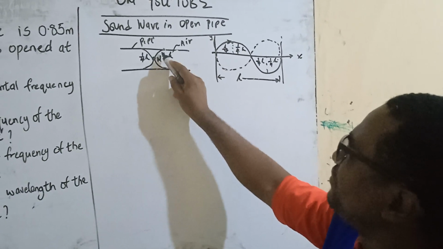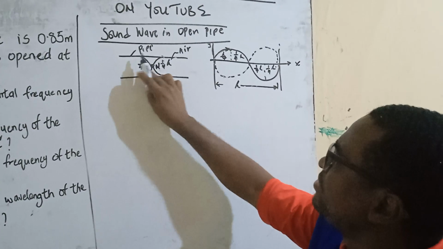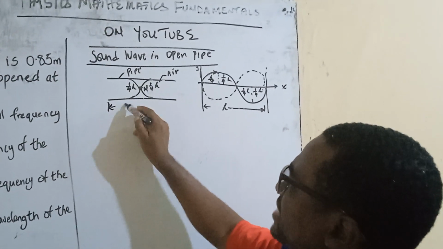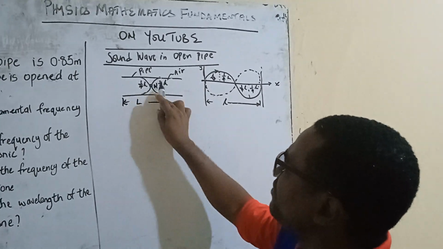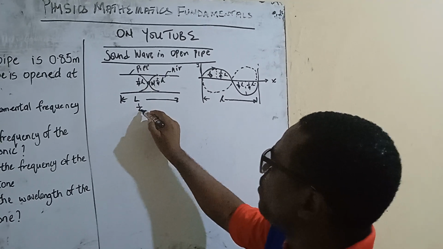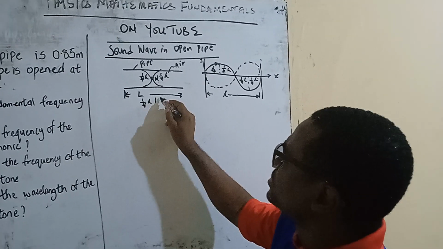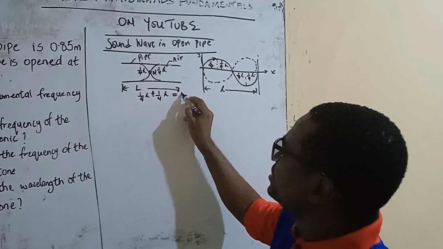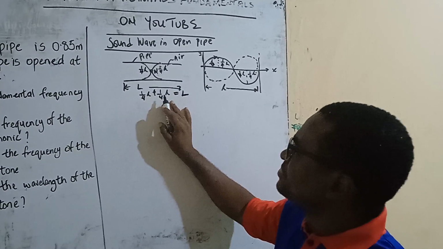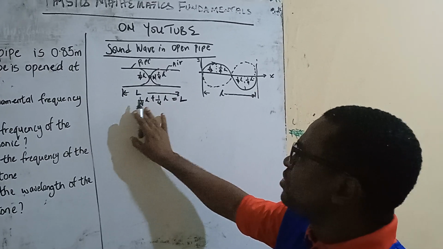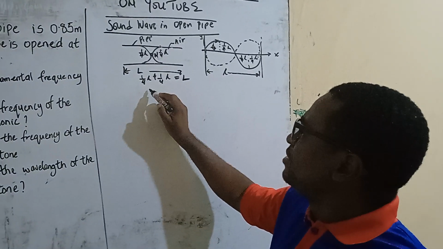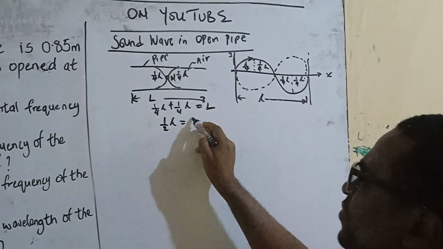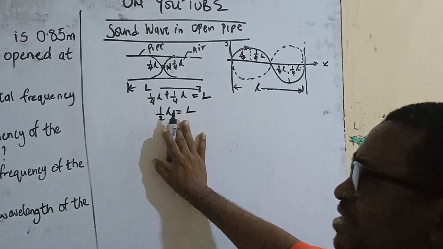So we have two of these quarters. So for a pipe of length L, 1/4 plus 1/4 times wavelength equals the total length of this pipe. If we add a quarter plus a quarter together, we are going to have half. So half of a wavelength is what we have here.